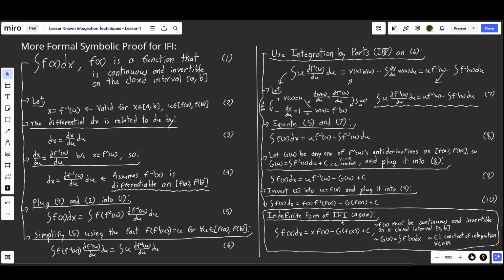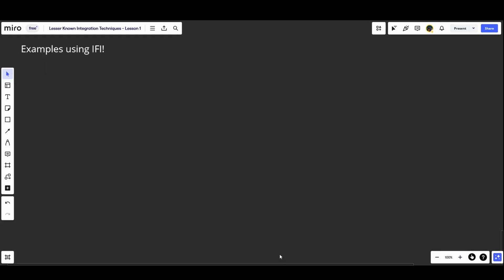But if you wish to do it on your own, I promise it is possible. With all these proofs said and done, we can finally get into what inverse function integration can do for us in practice and take a look at some examples.